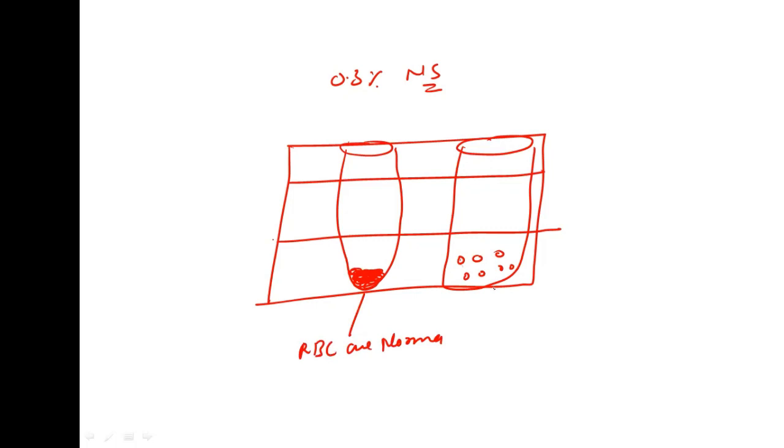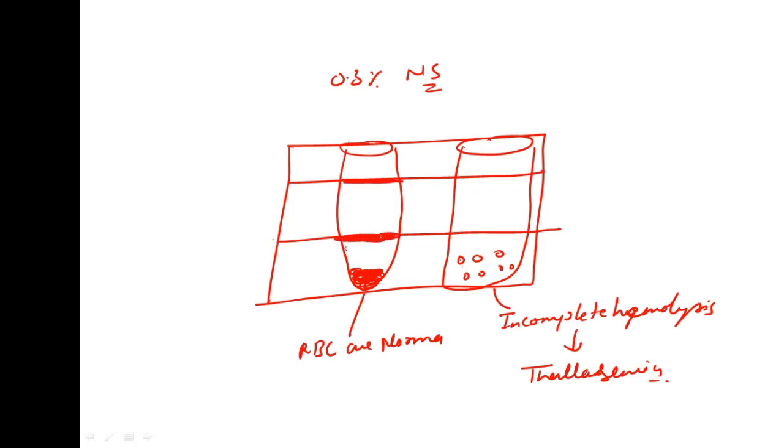But in case of thalassemia, you will see incomplete hemolysis, right? So you can see the black lines through the tube. So this is the test.